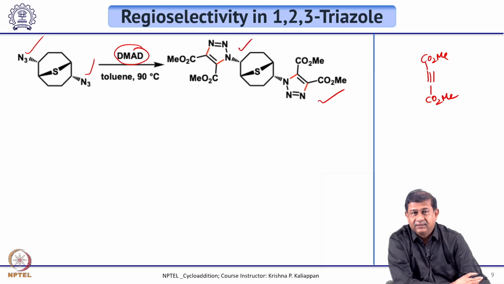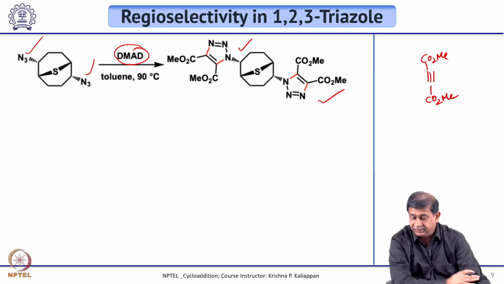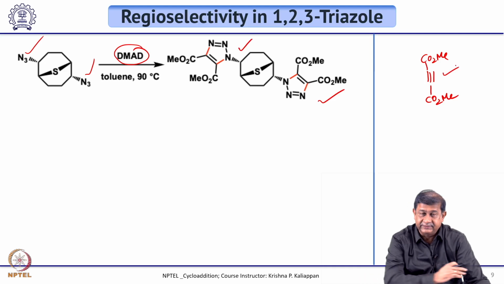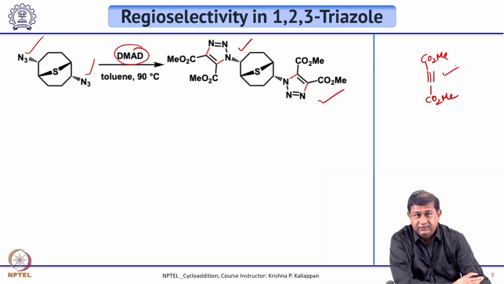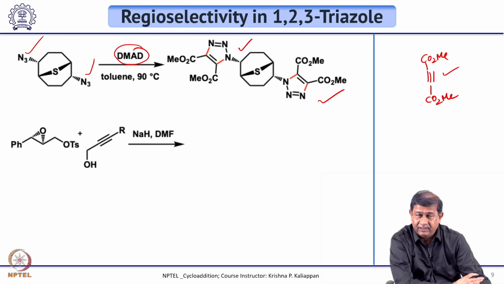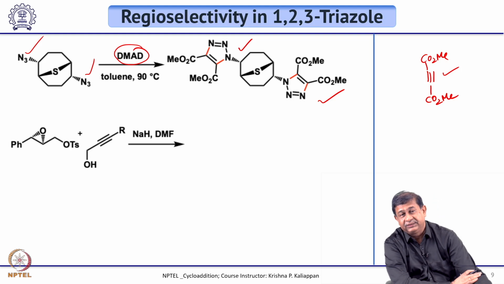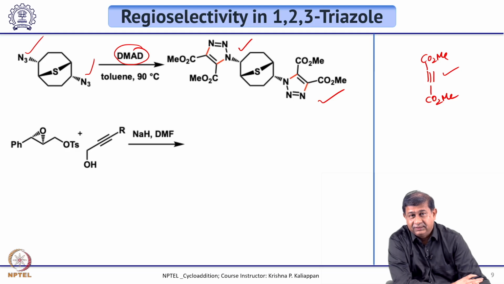Here there is no question of regioselectivity, because the triple bond, that is the acetylene which you used, has two esters, and so it is a symmetrical dipolarophile. So there is no question of regioselectivity.